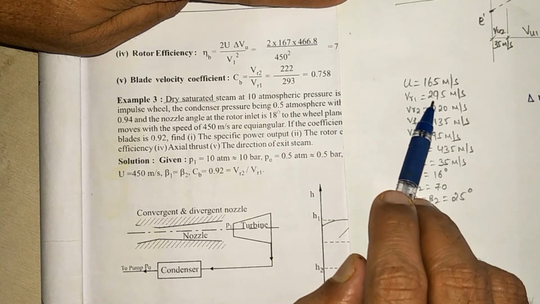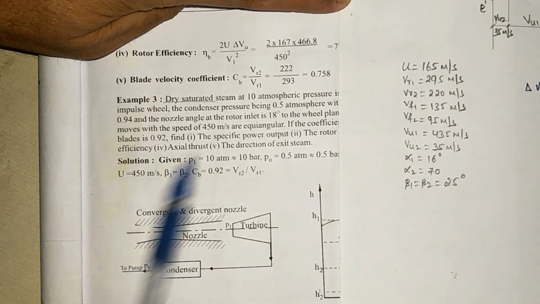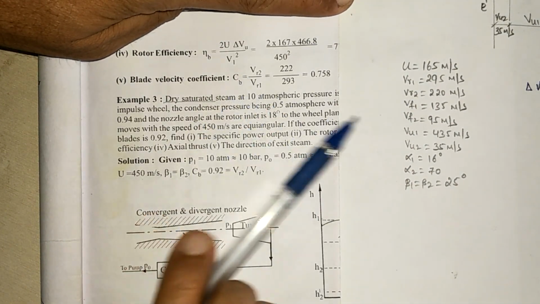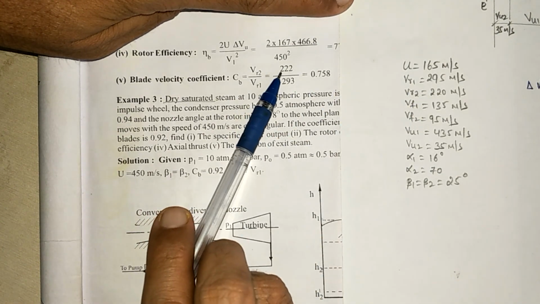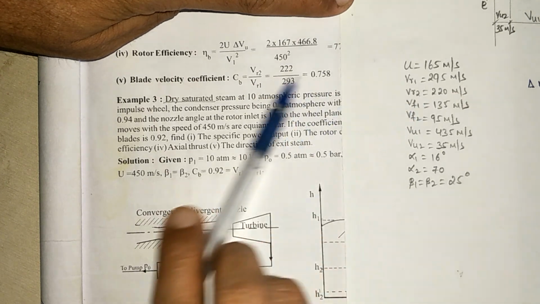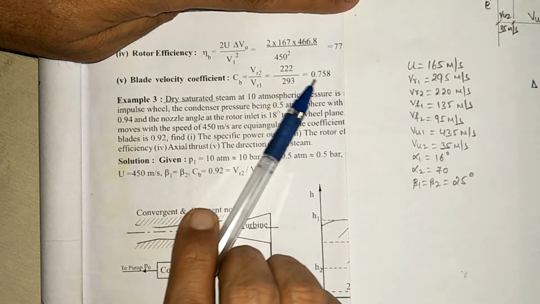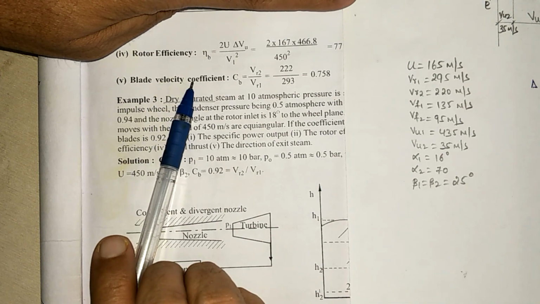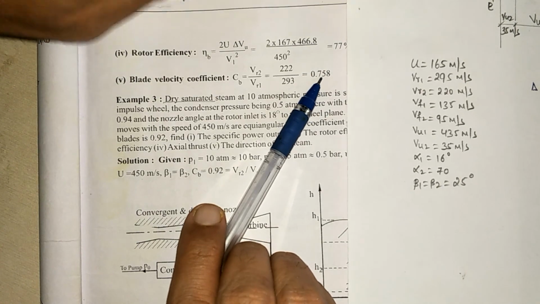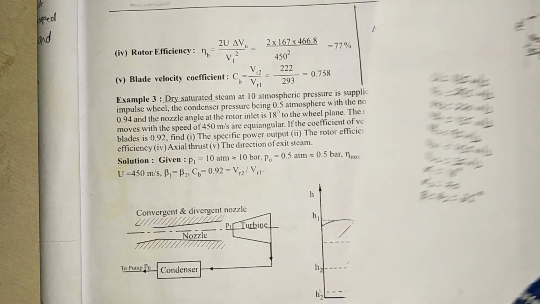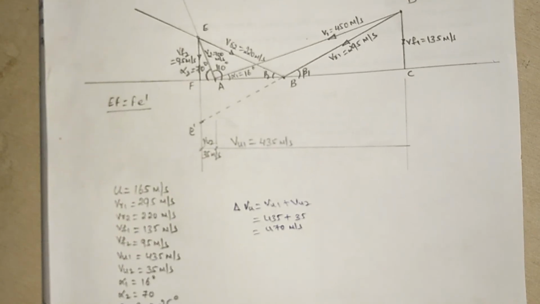We have obtained 295, and VR2 we have obtained 220. The textbook value is 222. So the blade velocity coefficient is 0.758. So this is how you have to solve the problem.